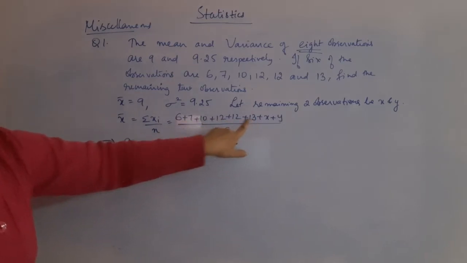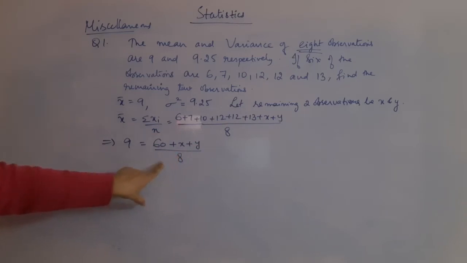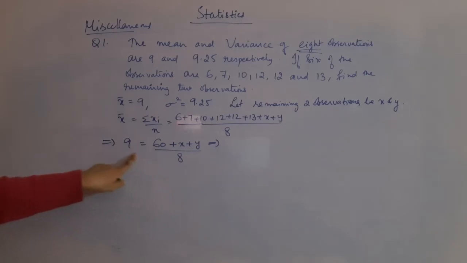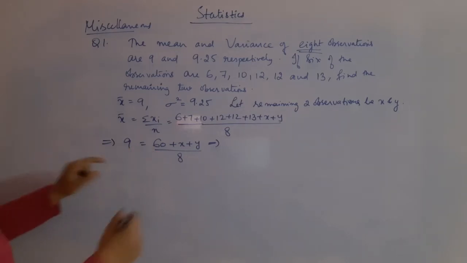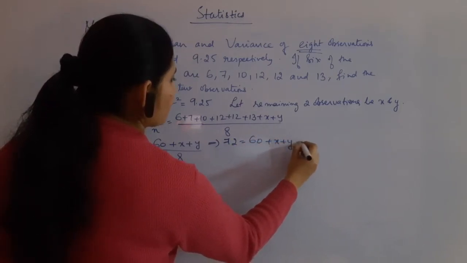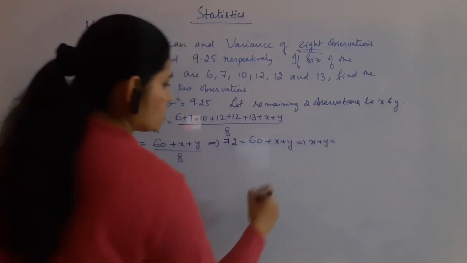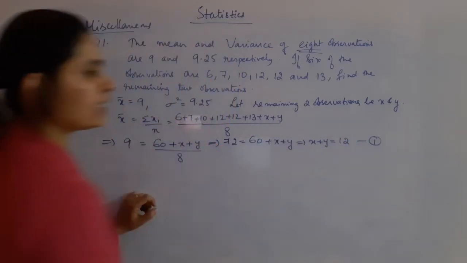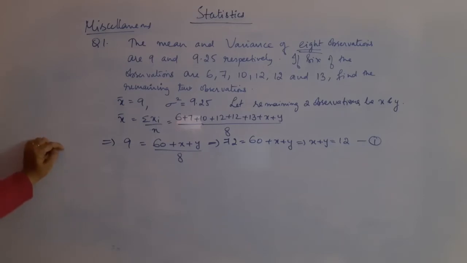Till here we have added, and x and y are written as such, divided by 8. Now you can make an equation in x and y by cross multiplying. 9 into 8 is 72, so 72 is equal to 60 plus x plus y, or x plus y is equal to 72 minus 60. So this is one equation containing x and y.